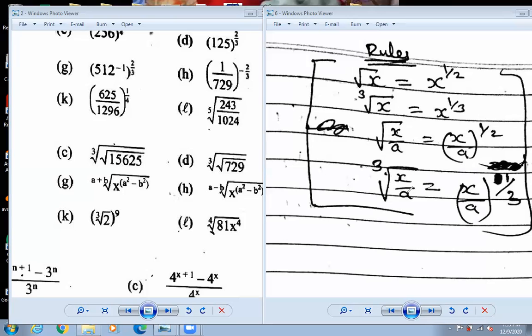This one also the same thing, x by a power. There is root under 3, that's 1 by 3. Let me give an example. If there's 25, root under 5, how will you write it down? You'll write down 25 power, and root under 5 will be written as 1 by 5.